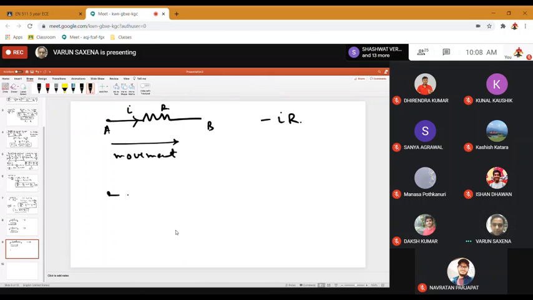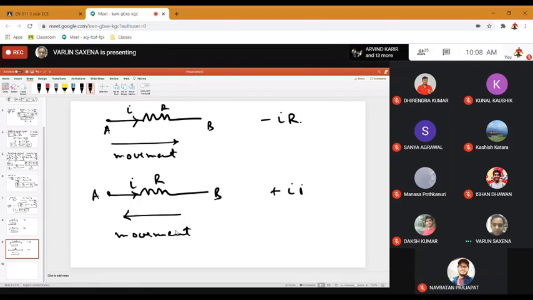Oppositely, suppose the current is flowing like this, A and B, and I move like this. Then I take it as plus IR. So if the current is opposite to your direction of movement, I would take it as plus IR.